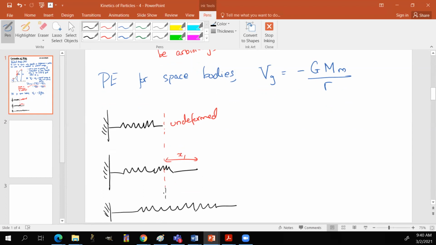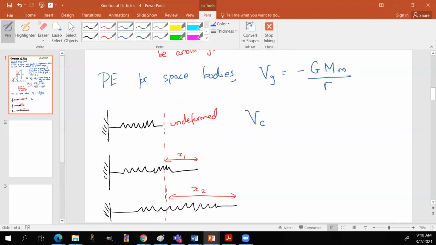Let's say that this deformation, elongation, is x2.